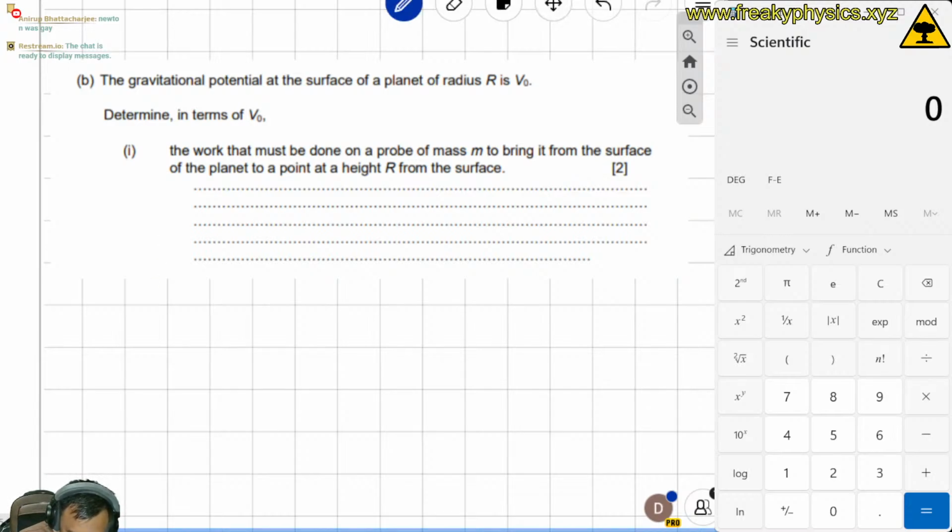We do have an equation for the potential, right? I'll just do V instead of V0 for now.